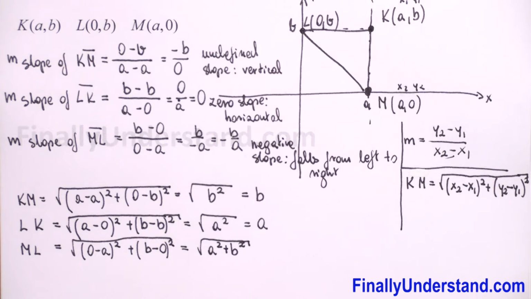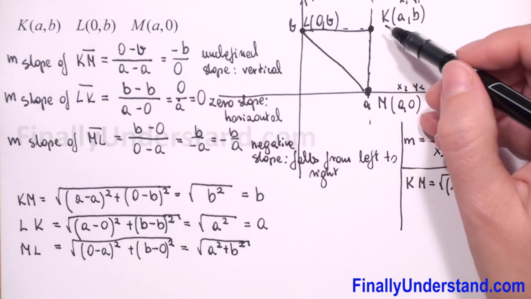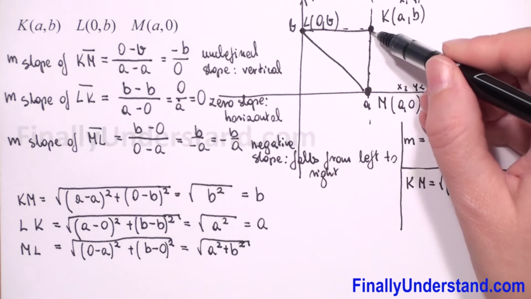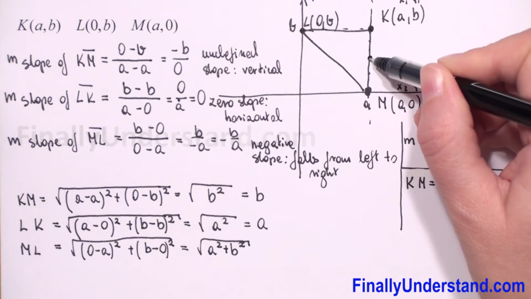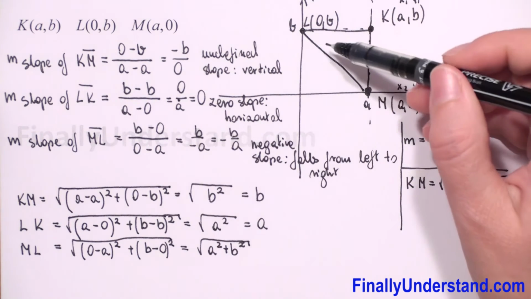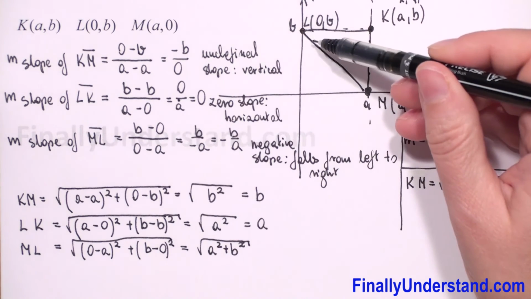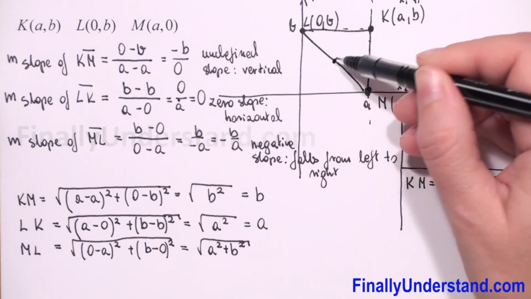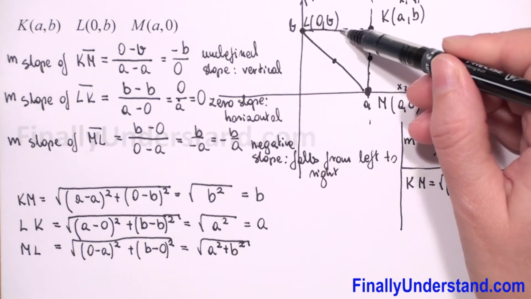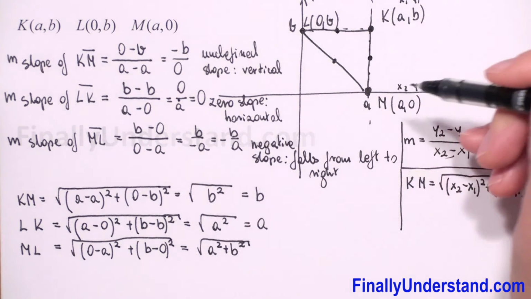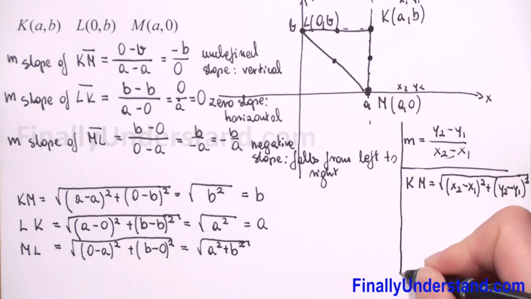We found the length of each side. Now we have to find coordinates of each midpoint. So we know that the midpoint of a segment is the point that divides the segment into two congruent segments. So first the midpoint of KM, then the midpoint of LM or ML, it's still the same point, and the midpoint of LK we need to find. And let me remind you of the formula.